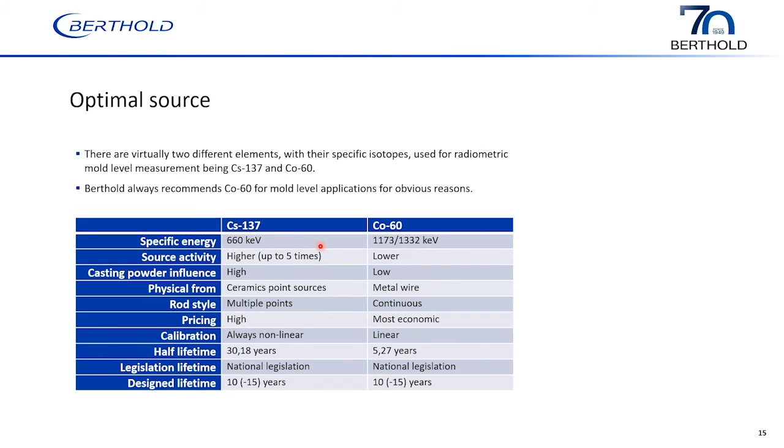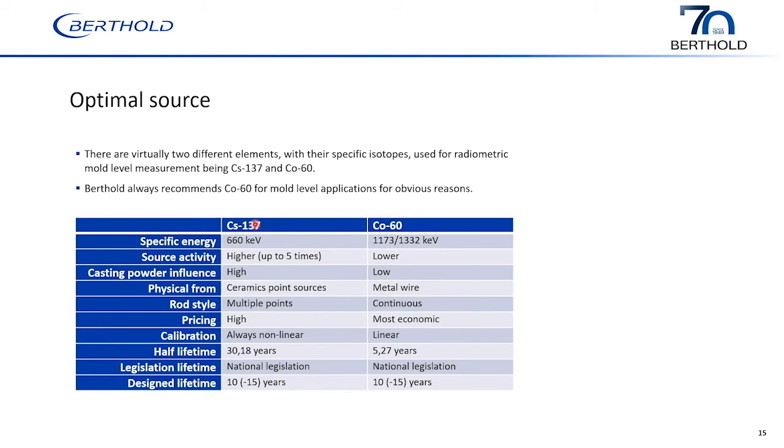This means that a higher proportion of the gamma radiation makes its way through the mold wall and hits the detector. And this is the reason why you can use much less radioactive material for cobalt compared to cesium.